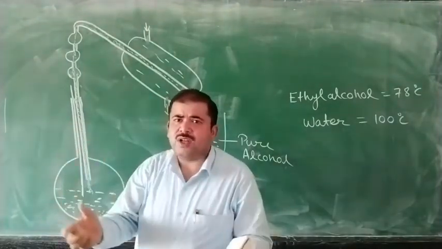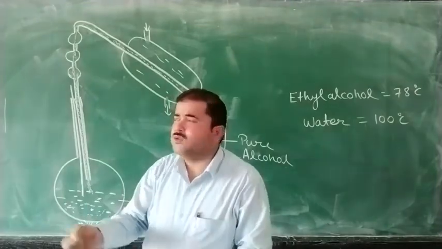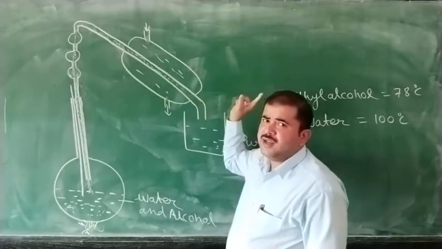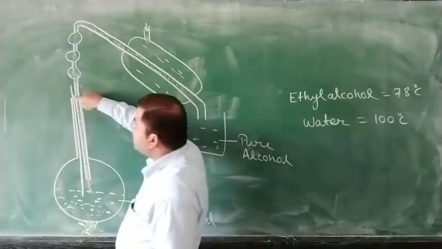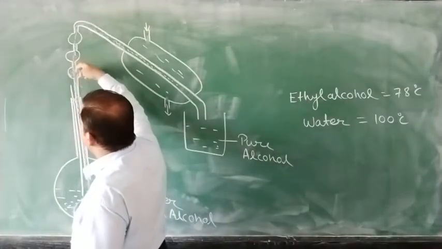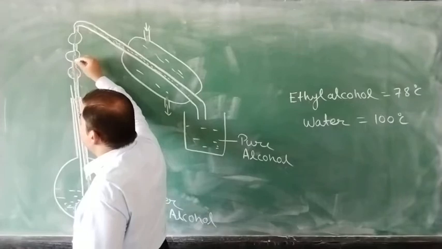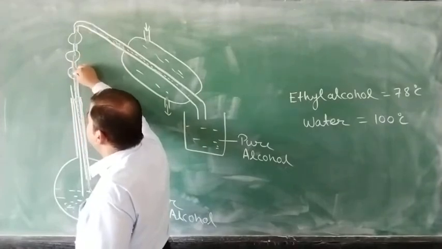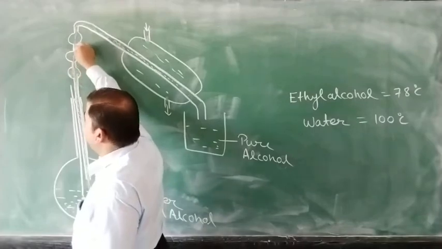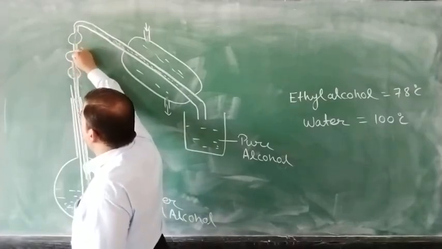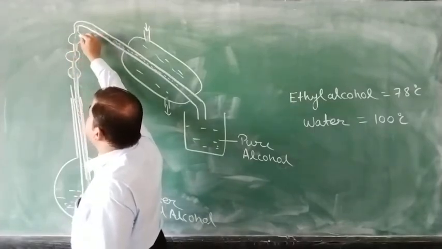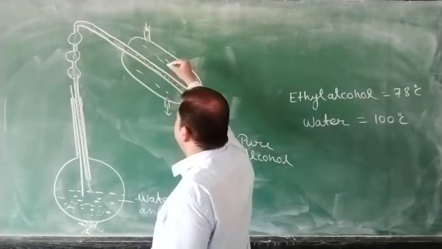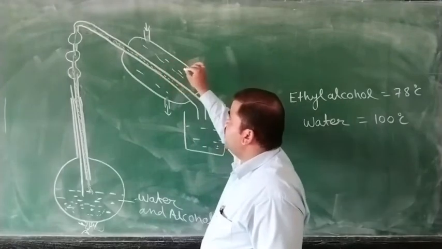When there is a large amount of alcohol, some water molecules may be present, but we know water's boiling point is 100 degrees Celsius. So when this vapor passes through this column, the water will settle due to the column, and only the alcohol molecules will pass through the leaving tube and through the fractionating column.